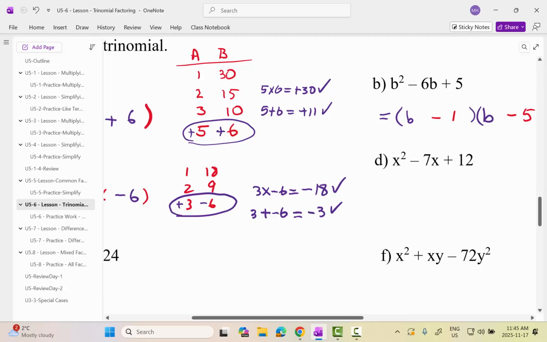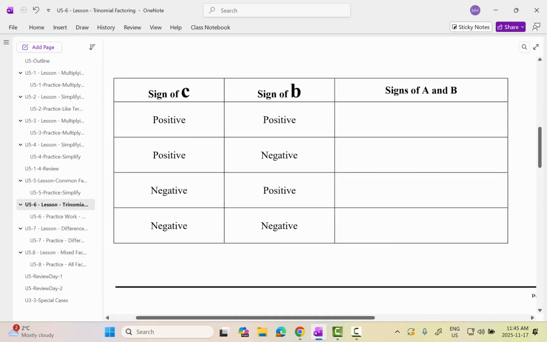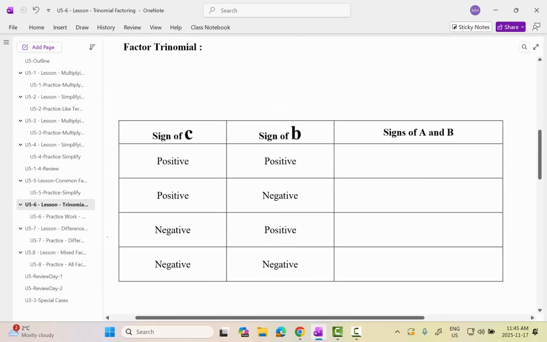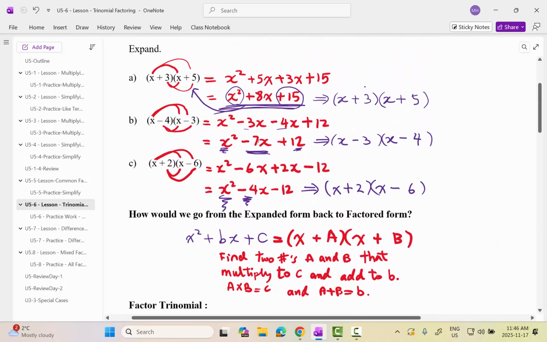Actually, you know what? Let's go back to the chart now. Okay. So, if C is positive and B is positive, then what do the A and B have to be? Did you see from the last question?